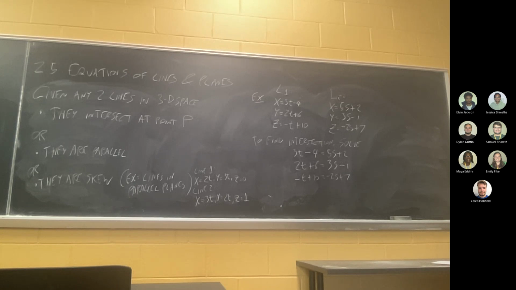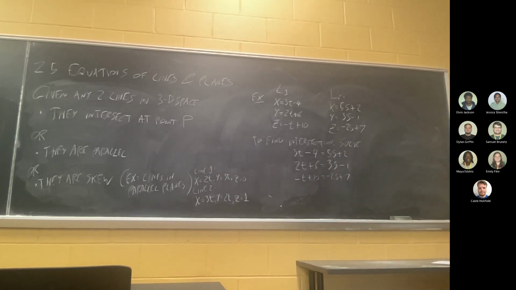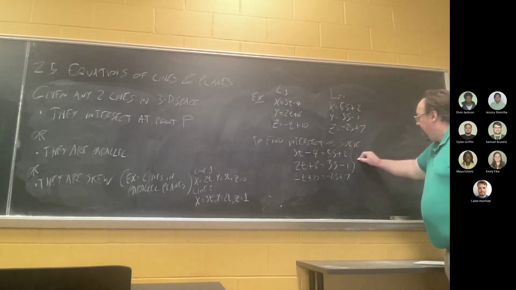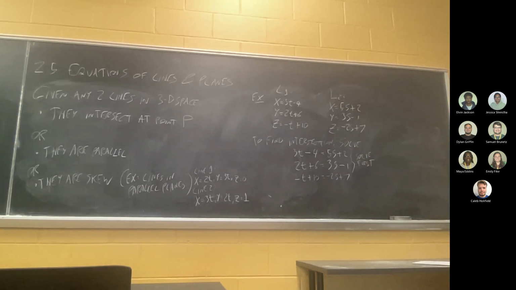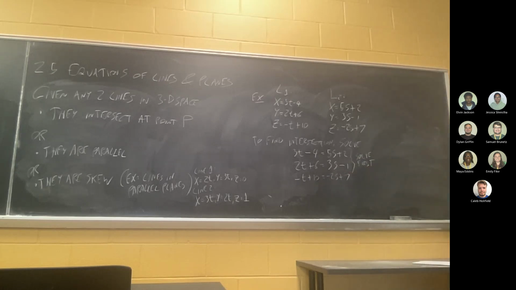And if we find an s and t, then we can substitute those into the remaining equation and see if that is also satisfied. Only then, if all that works out, do we have an intersection point. I'm going to solve this system of equations first, and then take the s and t that I get and substitute them here, to make sure it's satisfied.